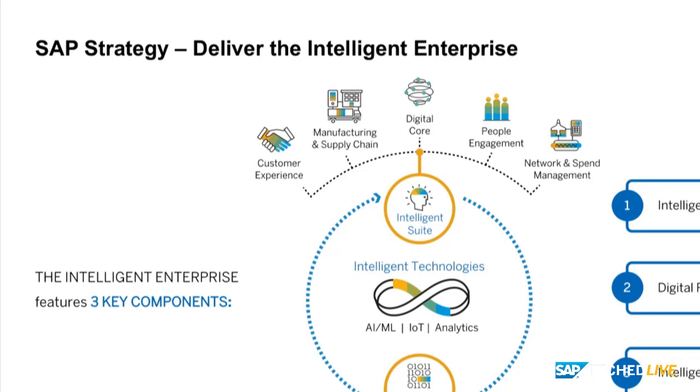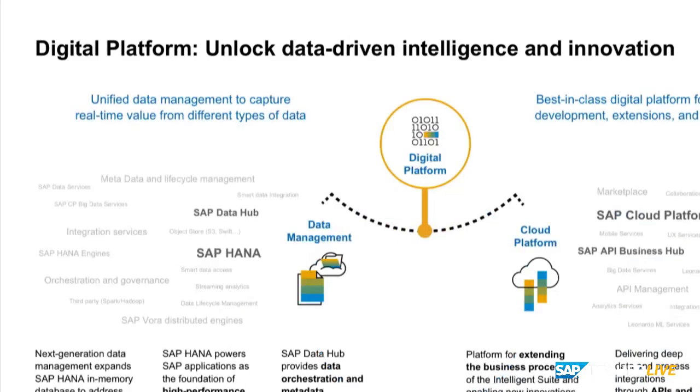And then the second part is the intelligent technology, which is, if you want to put it simply, a consistent usage of analytics and an augmentation with machine learning models in those processes. And if you go then one step below, it's quite obvious if you really want to do this, you need a solid data foundation. And this is where the Data Hub fits in. So the data management foundation of the intelligent enterprise.